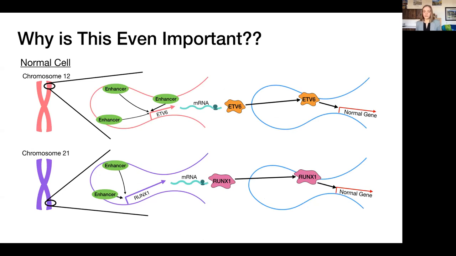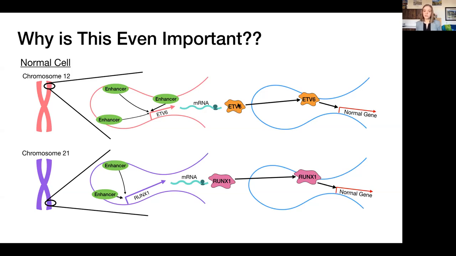So you may be wondering, why is it important to know enhancer gene connections, and how does it pertain to cancer? I'm going to answer those questions for you right here, using this diagram. In the genome of a normal B cell, there's a gene called EDB6 on chromosome 12, which, like any other gene, is activated by enhancers and then translated into the protein EDB6.